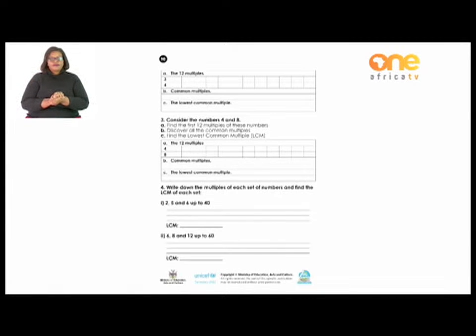So we have to find the multiples of 2 up to 40, 5 up to 40, and the multiples of 6 up to 40. And number 2, you have to find the multiples of 6, the multiples of 8, and the multiples of 12 up to 60. And then you have to write down the LCM.